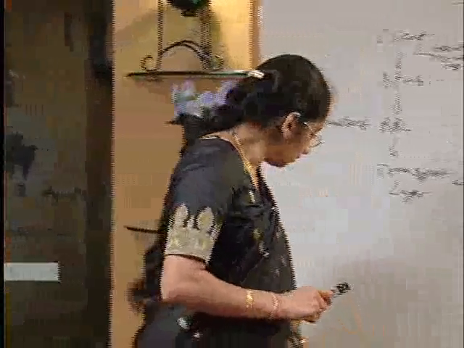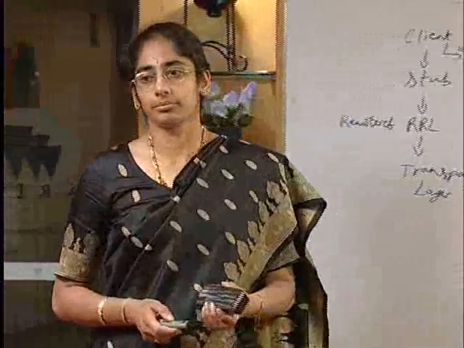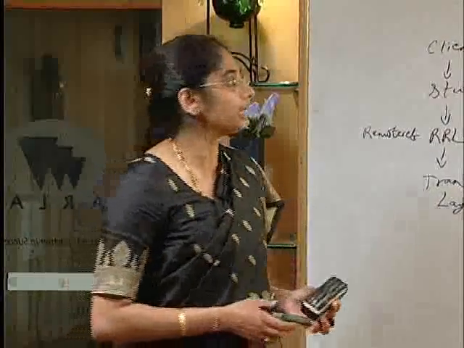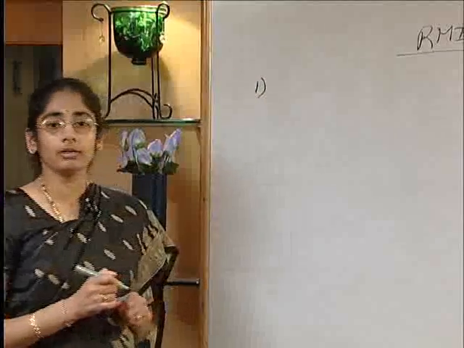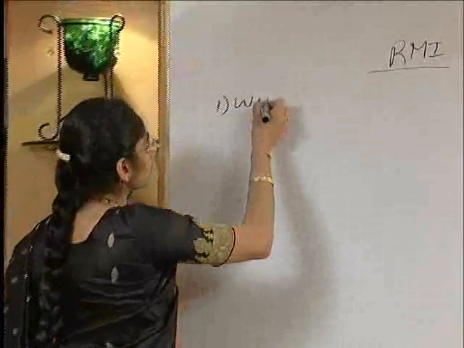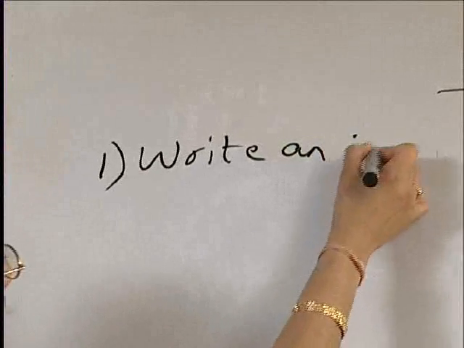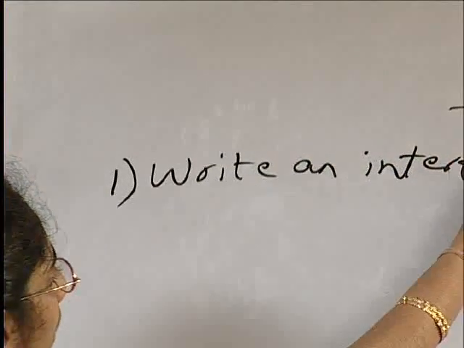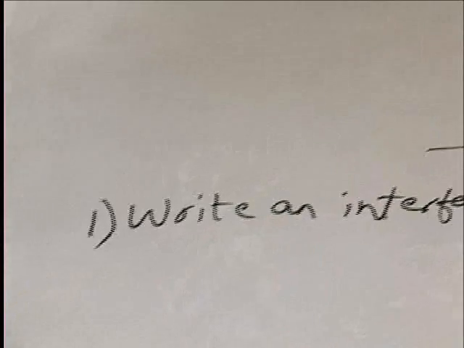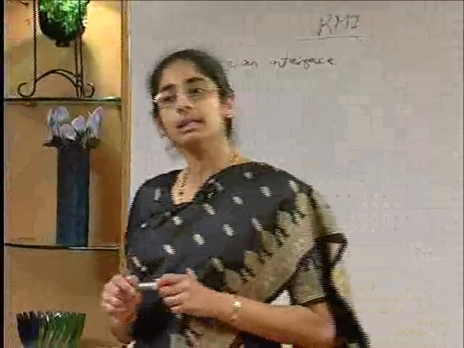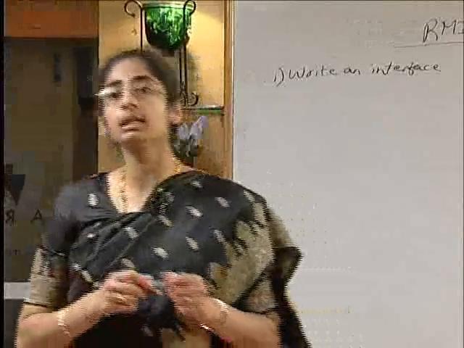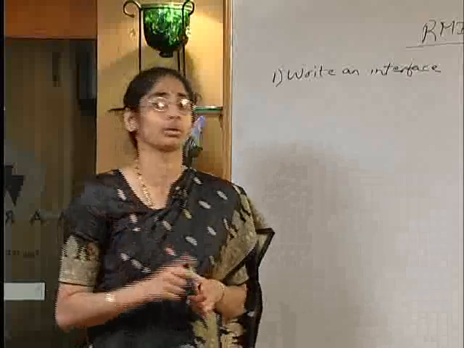So now with this, let us look at how to write an RMI application. In order to write an RMI application, the first thing that we have mentioned is we need to write an interface. We said this interface is a contract between server and client, which basically declares all the business methods which a client can invoke.